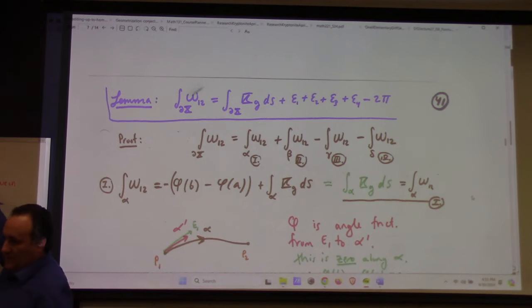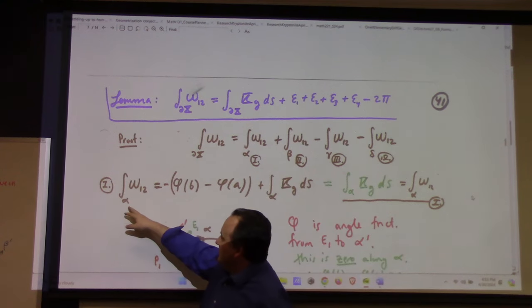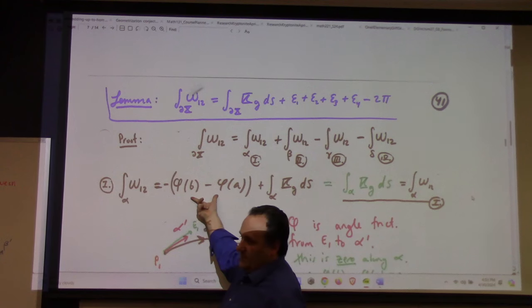It gives us the integral of the geodesic curvature, minus the difference of the angle function, right? So see how that goes? So the integral of omega 1, 2 over alpha is minus the difference of phi at b and a.